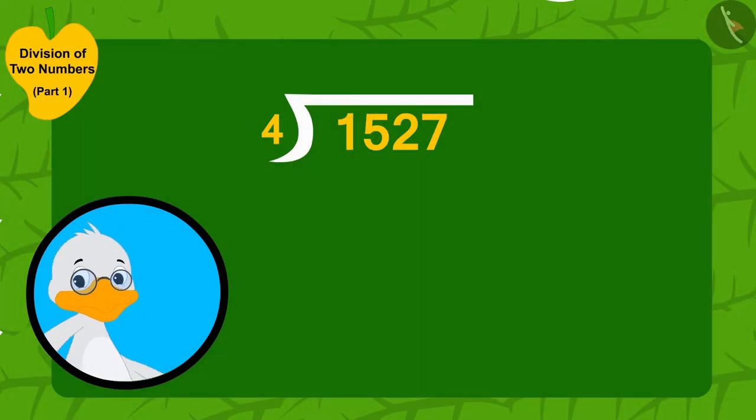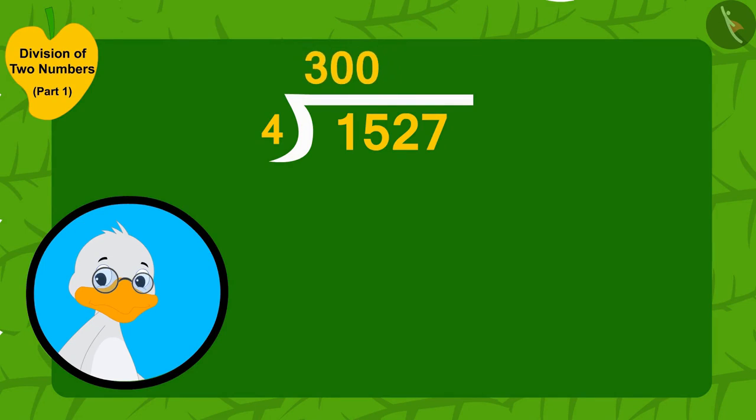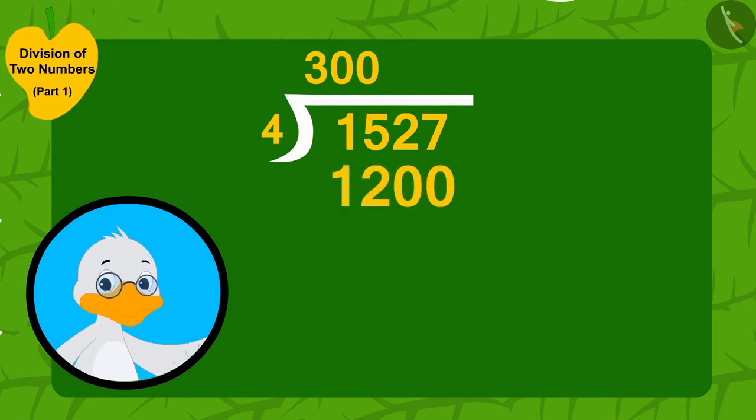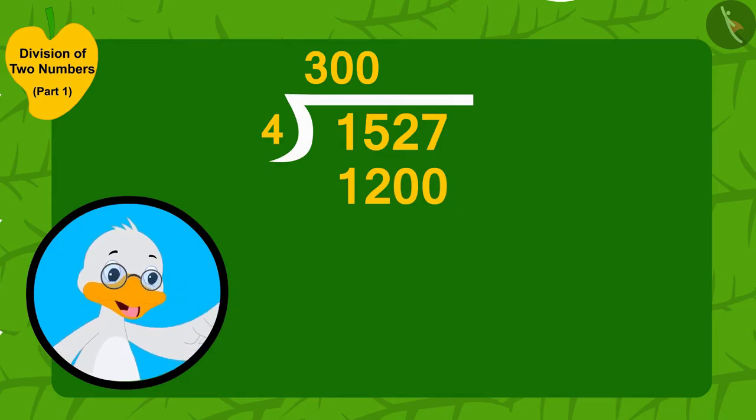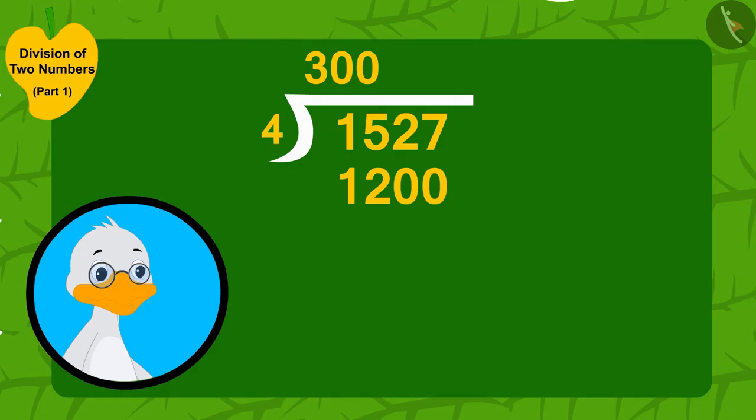Now, uncle wrote 300 here, and here he wrote 1,200. To find the number of mangoes that are left, I would subtract 1,200 from 1,527.